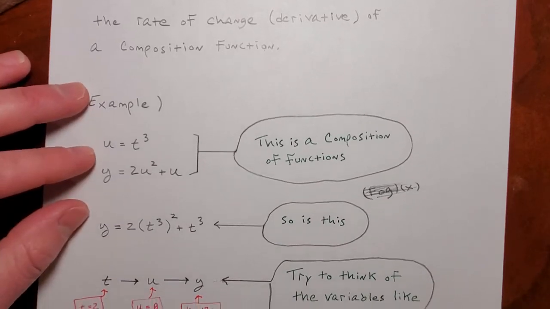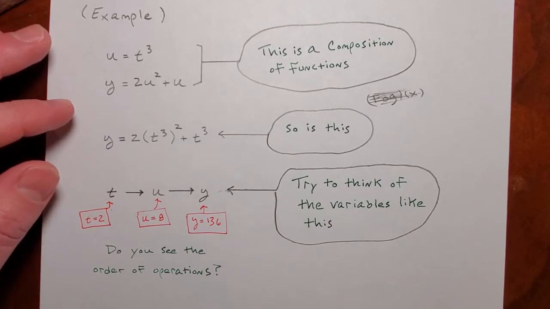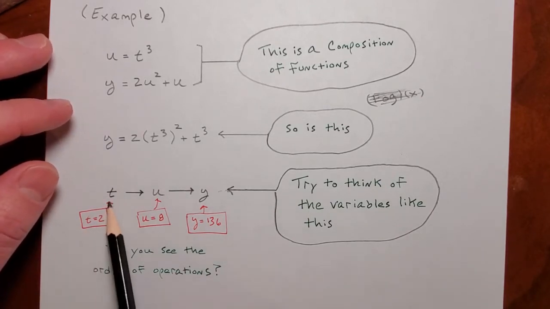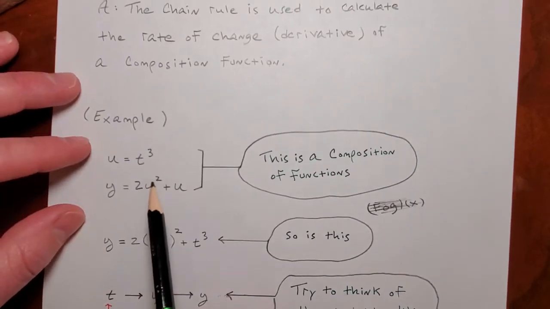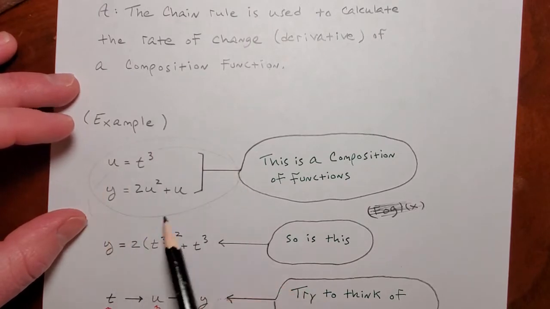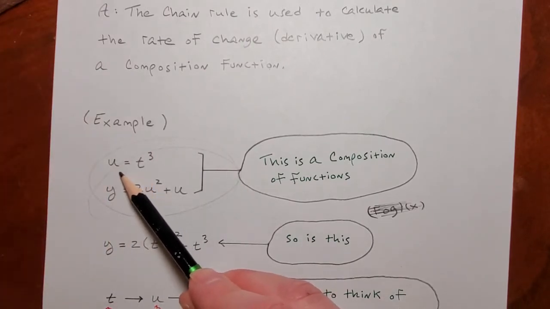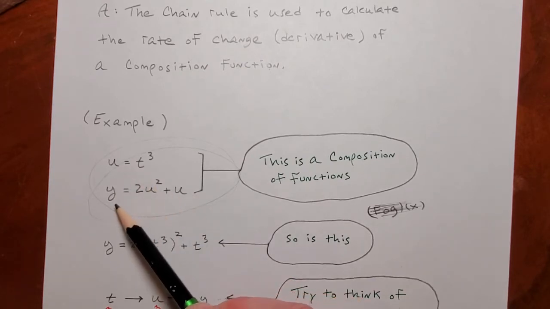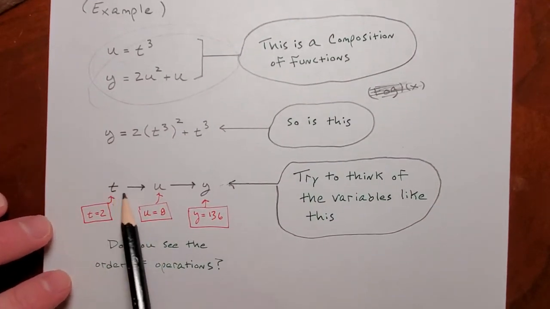Now, I think that for the purpose of doing calculus and learning about the chain rule, it might be nice to think about the variables this way. Remember how I said there's some variable t, and once that's given, you can figure out this other one u, and once that's figured out, you can get this ultimate answer y. So it's like there's this chain.